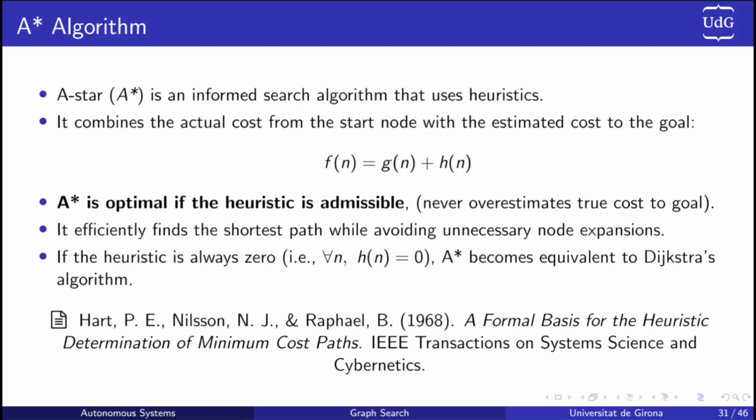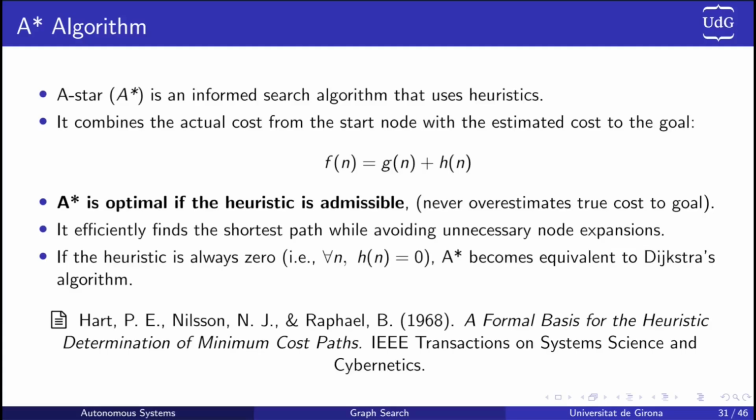The D that you see in Dijkstra, which is the cost of reaching this particular node, in A star is called G, and it's exactly the same concept. And then it has a second term, that is the heuristic. That is the only thing that we were using in the algorithm that we have just seen, this greedy search algorithm. Then A star just combines these two elements in this function.